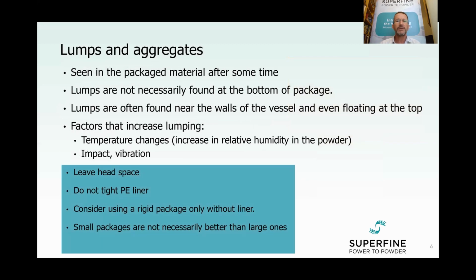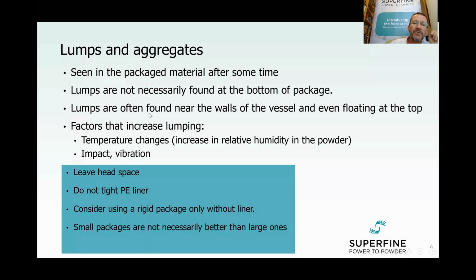Okay, so when I talk about lumps and aggregates, we see them in a packaged material after some time. Sometimes it will be small lumps or small aggregates. Sometimes there will be large chunks, and sometimes, as you mentioned, we can get the entire package turning into a solid block. The thing to remember is that the lumps are not necessarily at the bottom of the package.